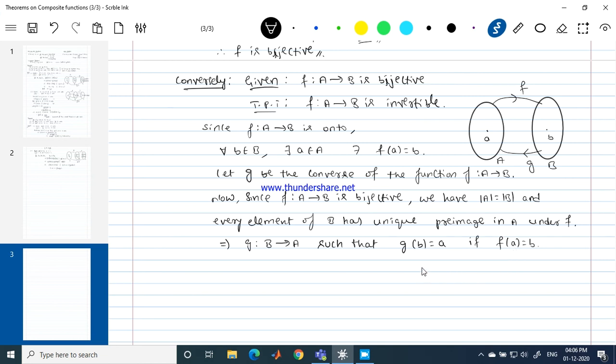Now we have found a function from set B to A. Now I need to show further that f composition g is equal to I_A and g composition f is equal to I_B.